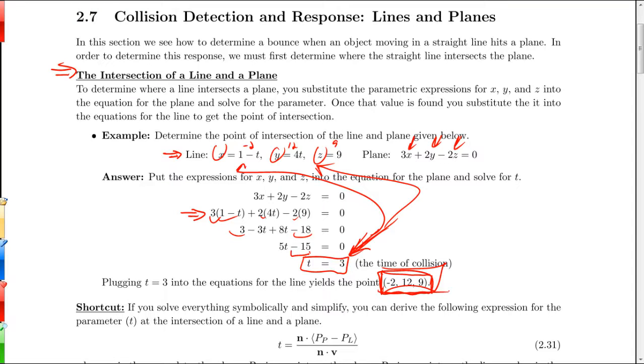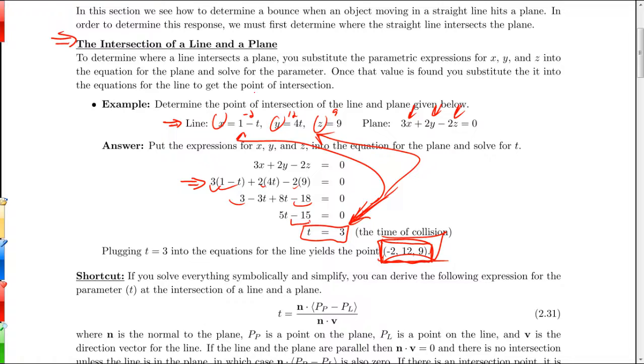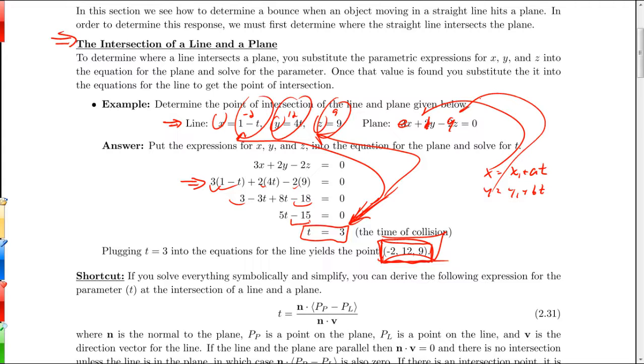If you want to do this with software, like MATLAB, you can do it. If you break this all into x, y, and z in terms of x equals x1 plus at, y equals y1 plus bt, and play that same game, you have to create some variables here, e, f, and g maybe. Plug everything in, do everything symbolically without any numbers, and you have just variables.